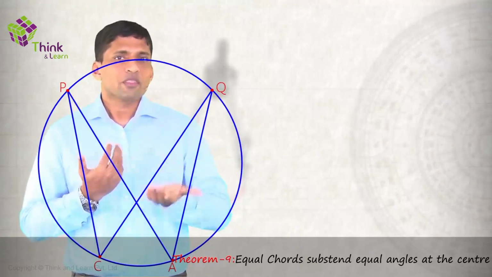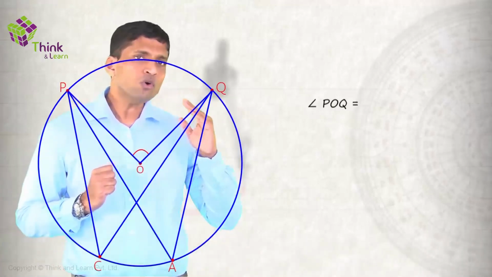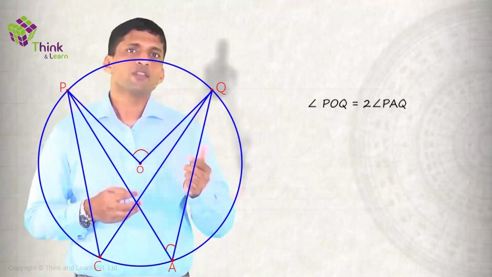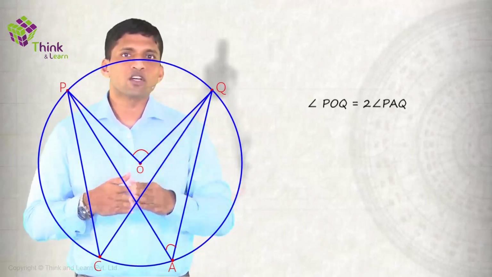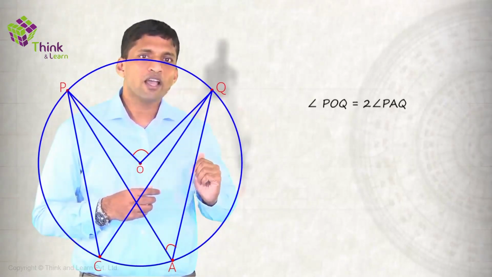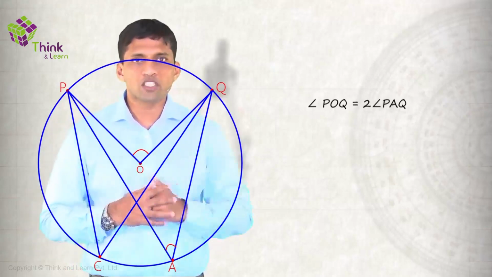For that, first we can write angle POQ equal to 2 times angle PAQ. That is from the previous 2 by 1 theorem, because the angle subtended at the center is 2 times the angle subtended at any point on the circle. Here A is any point on the remaining part of the circle.